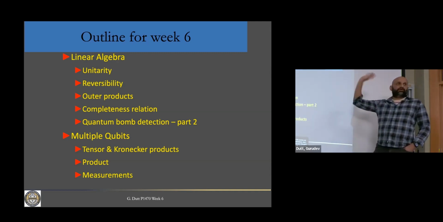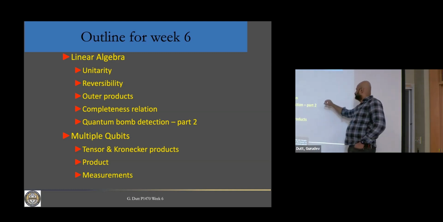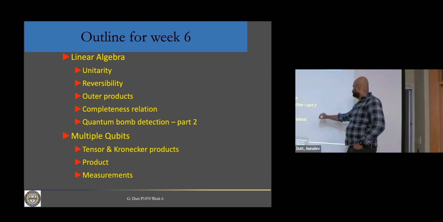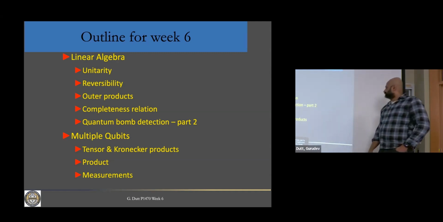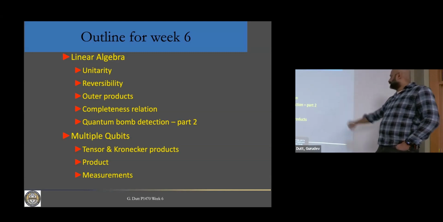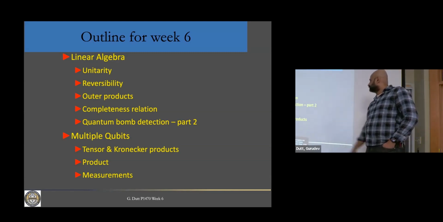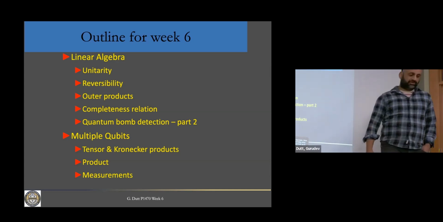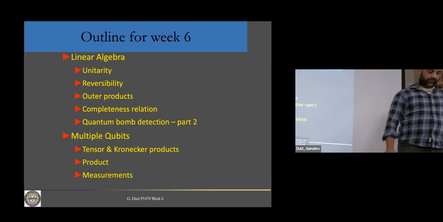You may remember the quantum bomb detector that we made a few lectures ago. I'm going to revisit it with linear algebra and show how to build a perfect quantum bomb detector. I think I'll get to that today. And then on Friday, either before or after the exam, we'll start introducing multiple qubits into the course.